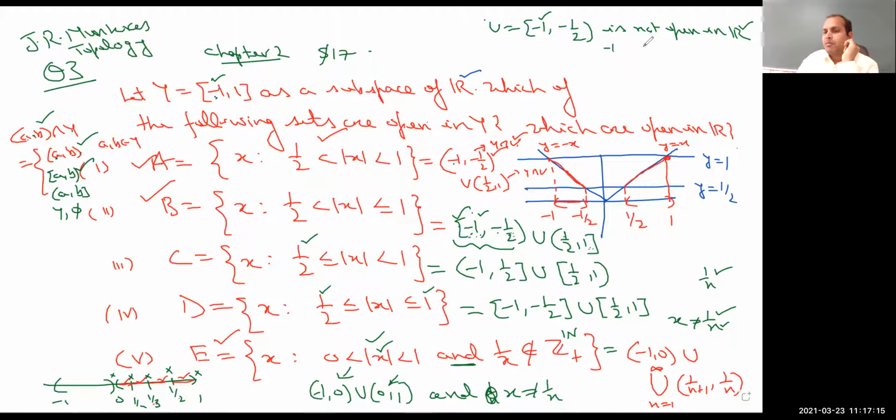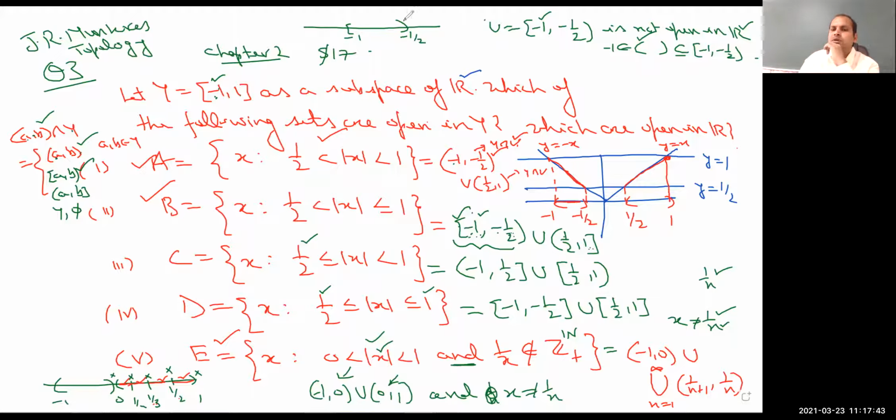Now can you tell me any open interval AB containing -1 and contained in this -1 to -12? Can you tell me any basis member from standard topology which contains this -1 and which is contained in -1 to -12? See, this is your open set -1 and -12.